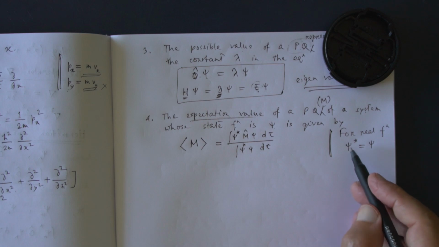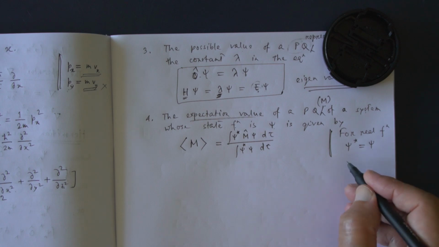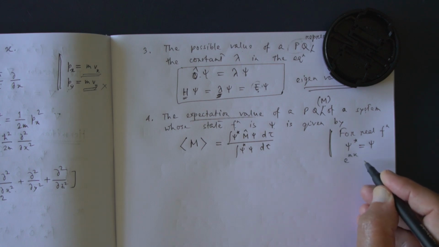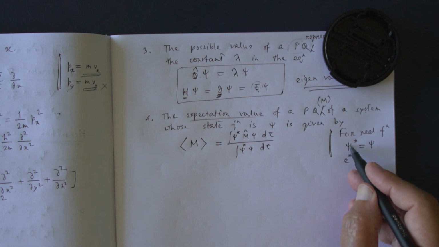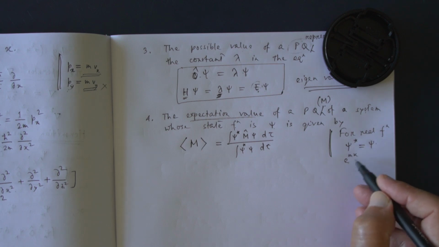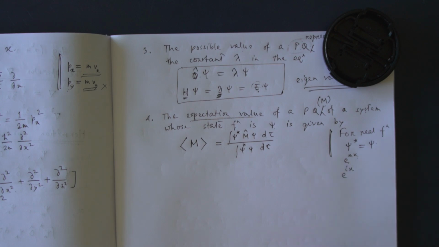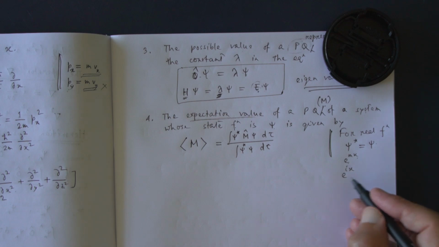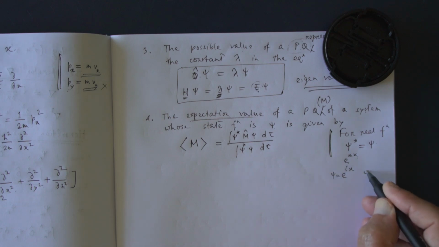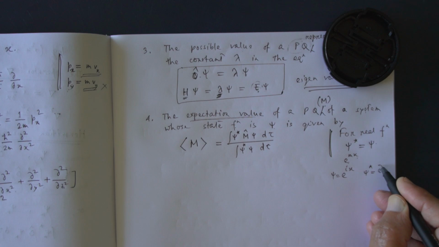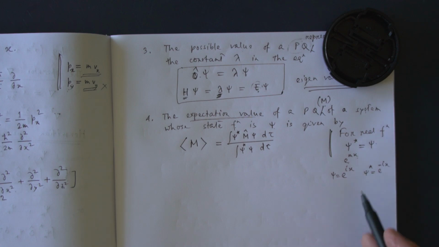For a real function, say e to the power mx, psi star equals psi equals e to the power mx. But if we get e to the power ix, if psi equals this, then psi star will be equal to e to the power minus ix. If the function is imaginary, psi and psi star are not the same.